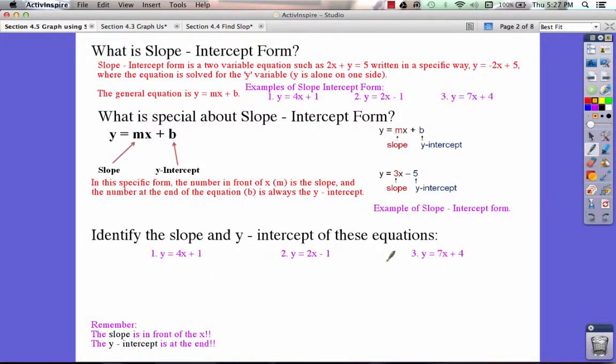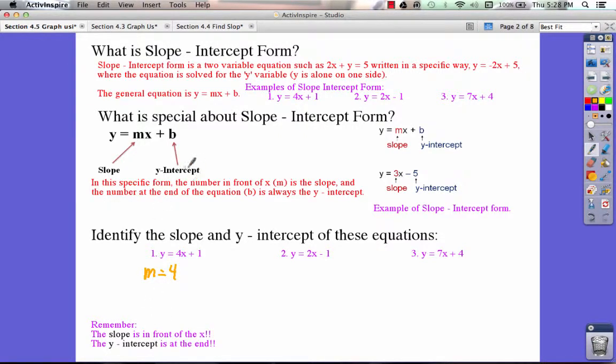Now we're going to identify the slope and y-intercept of each of these equations. It's pretty easy. We can just look at this example right here. Y equals mx plus b. We just talked about m being the slope. The number in front of x is always the slope. Well, let's find where x is. X is right here. That means 4 is the slope, and we'll represent that by saying m equals 4.